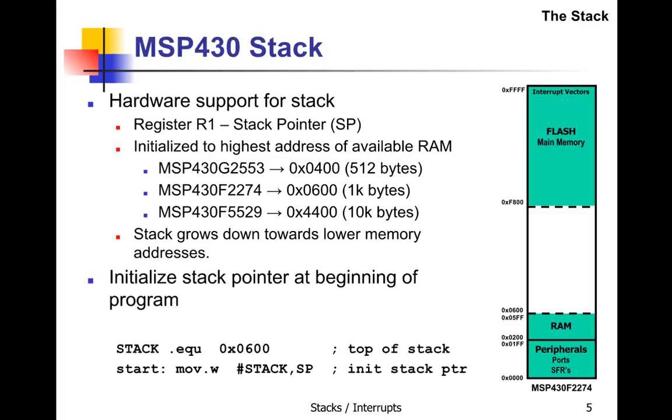Like in the MSP430G2553, that's 0x0400. In the MSP430F2274, it's 0x0600. And in the ARA processor, the MSP430F5529, it's 0x4400. You can notice that our processor has 10K bytes of RAM available, and the others have significantly less.